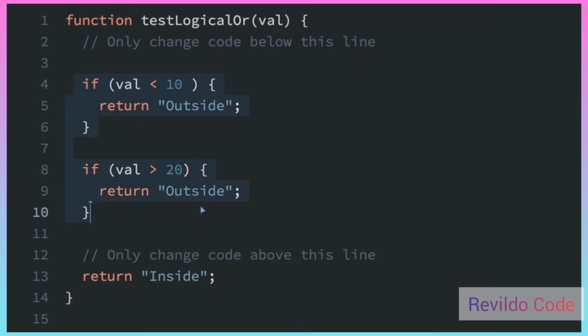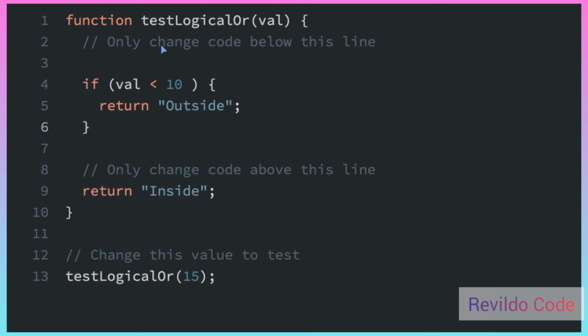In this code here, we're checking if the value is not between 10 and 20. So if the value is less than 10, we return outside. And if the value is more than 20, we return outside. There is an easier way to do this with the logical OR operator. So I'm just going to delete this whole if statement here, and then I can add an OR statement, which is just two pipes.